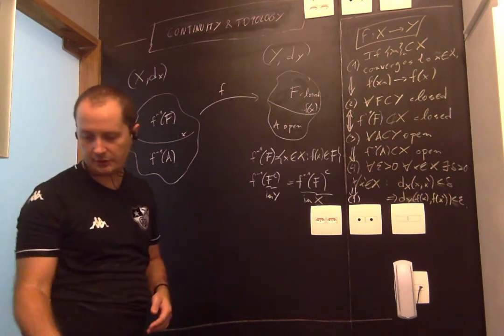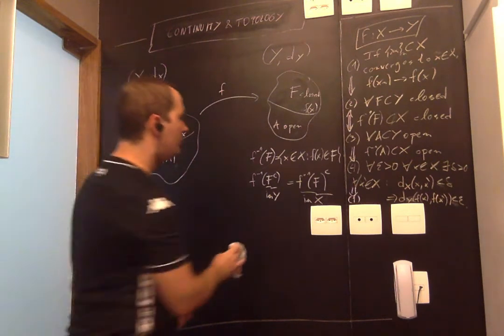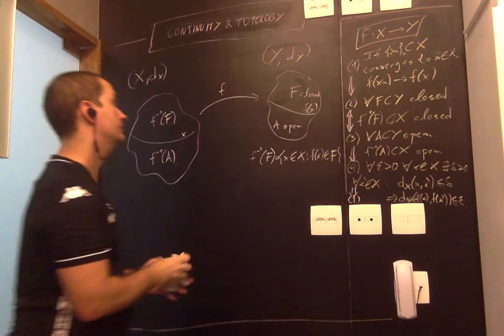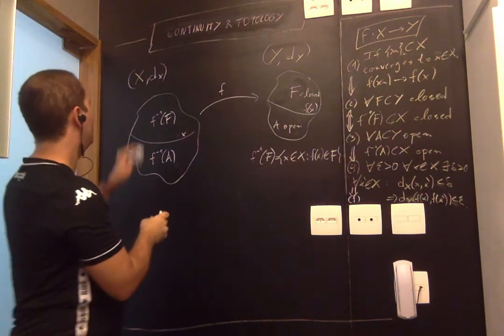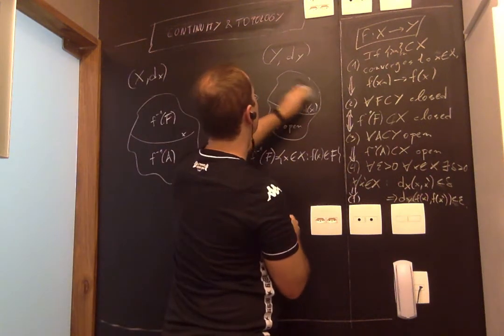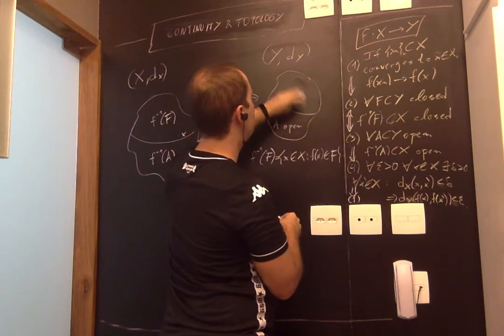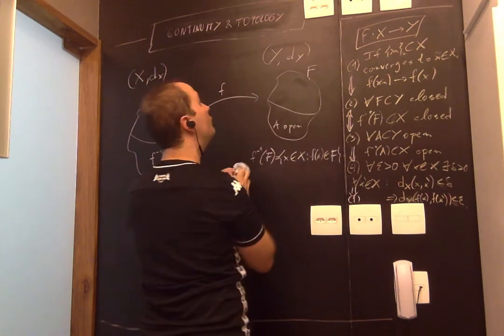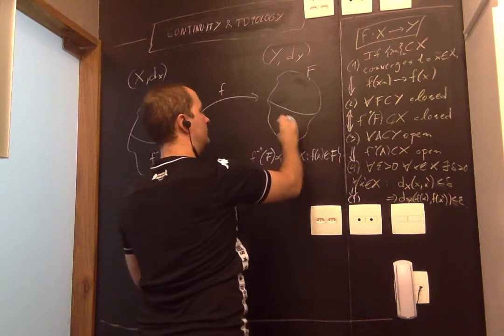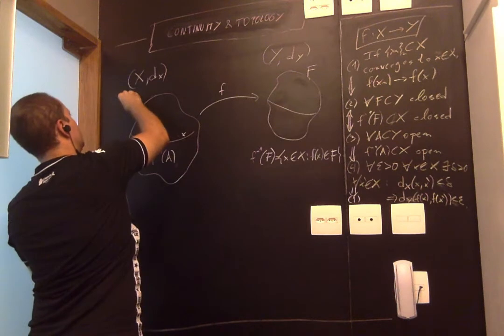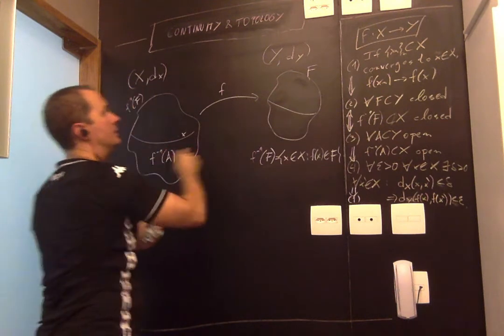Okay, so let's get started. I'm going to start with 1 implies 2. So what is my assumption? My assumption is that, okay, here's F, right? So I'm moving the name of the set outside. And this is f minus 1 of F. What do I know?